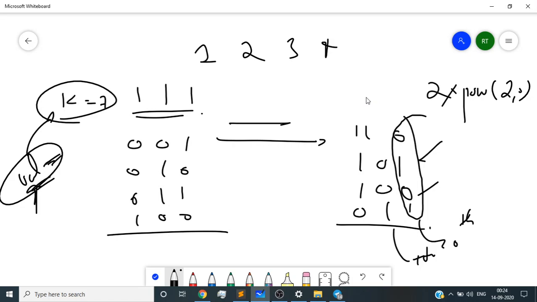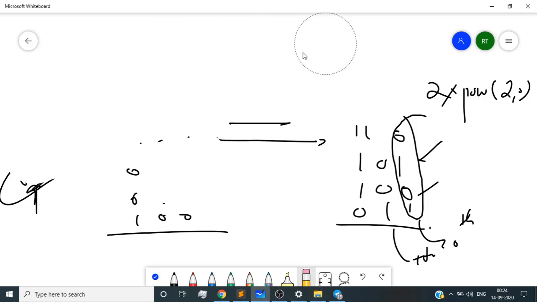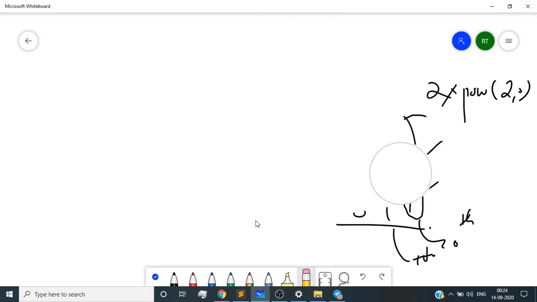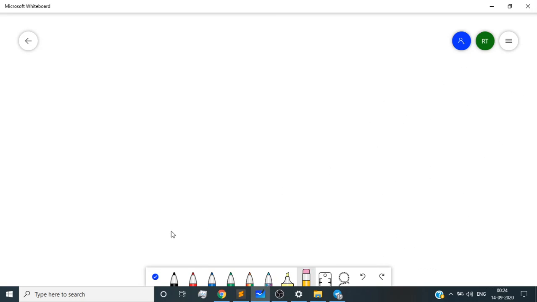Okay, so in this problem, we have to remember this point. What we were given is 20 queries, and a of i can be at max up to 10 to the power 6.